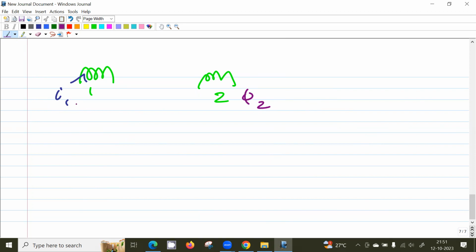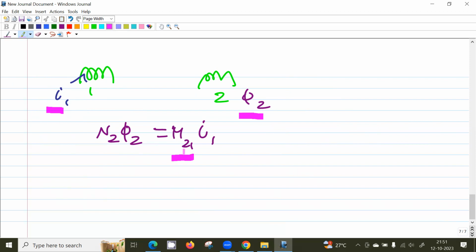So I1 is the input and phi2 is the output. The total flux linking the second coil, N2 phi2, is M21 into I1. This is the basic relation for mutual inductance. The input is the current in one coil, and the output is the flux linking the other. The output is proportional to the input, and the proportionality constant is the mutual inductance M21.